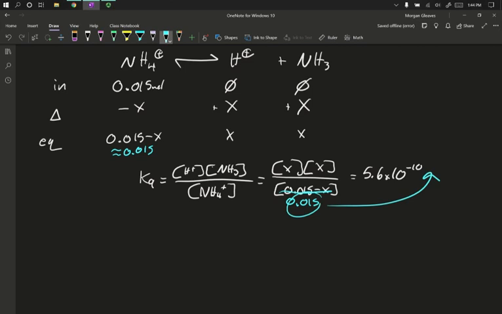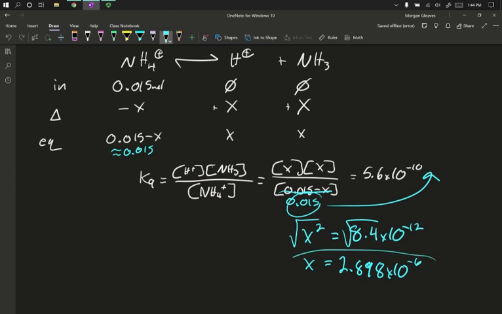So 5.6 times 10 to the minus 10 times 0.015. That tells us that x squared is equal to 8.4 times 10 to the minus 12. Take the square root, and x is 2.898 times 10 to the minus 6.